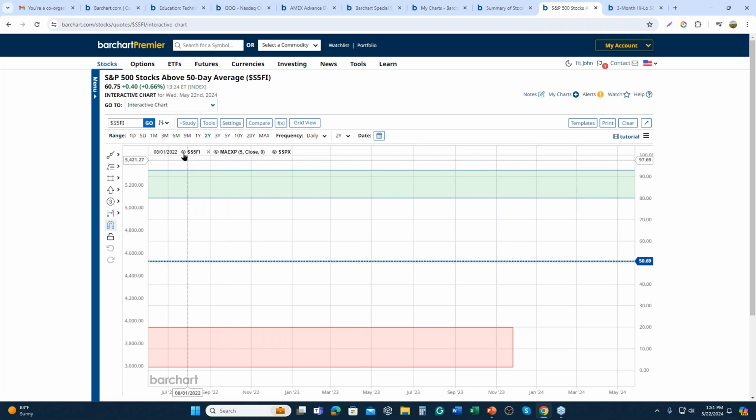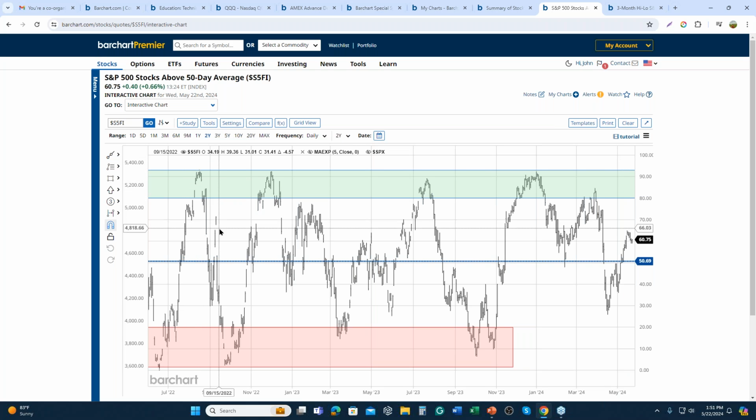I'm going to change this into an oscillator, very similar to, let's say, an RSI or a stochastic. So the first thing I want to do is find extremes in this moving average concept.